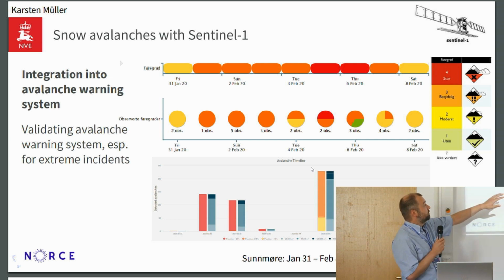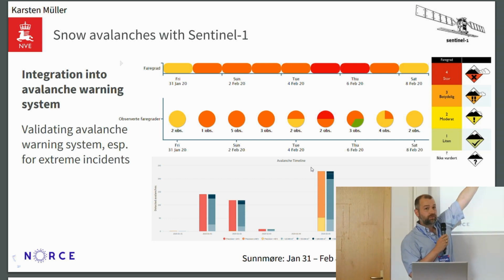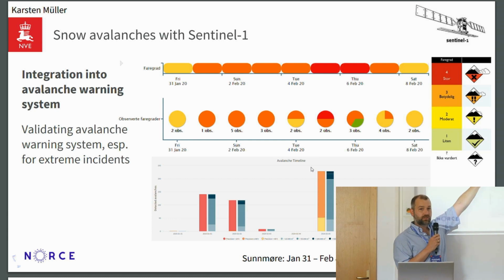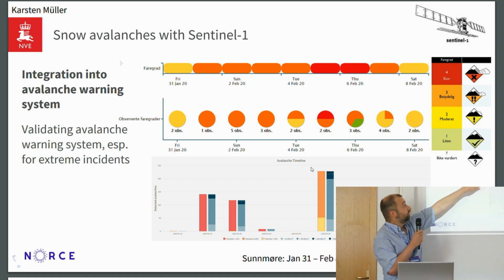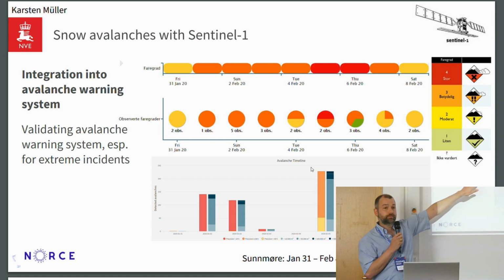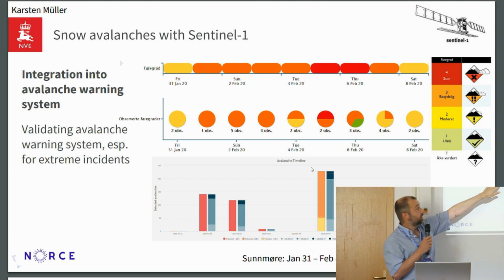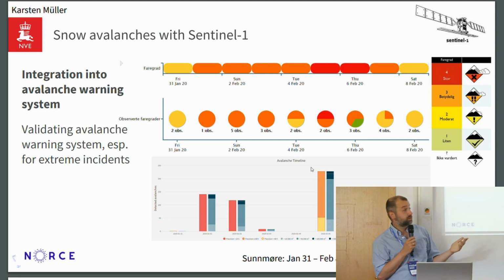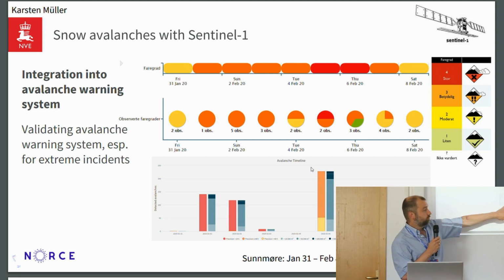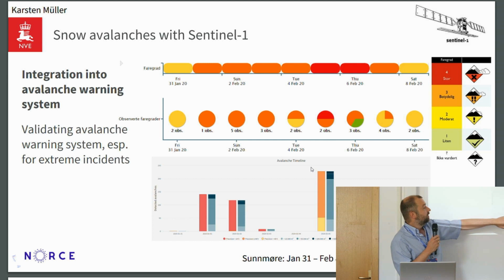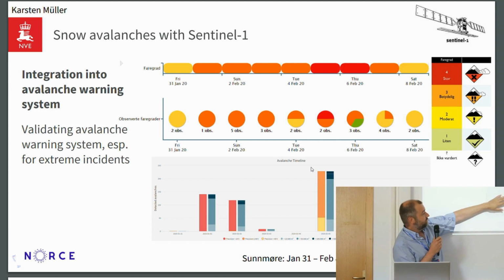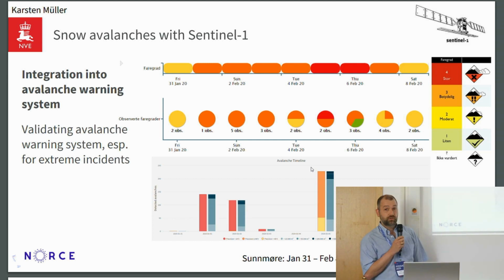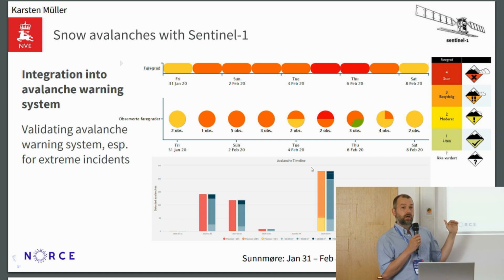Here you can see in the system how they judged the situation, how high the risk for avalanches to occur is. And here you see the observations from the field, and how they matched the warnings that they put out based on the models that they use. Then we used, ex post, the detected avalanches from satellites in order to calibrate or adjust the models.